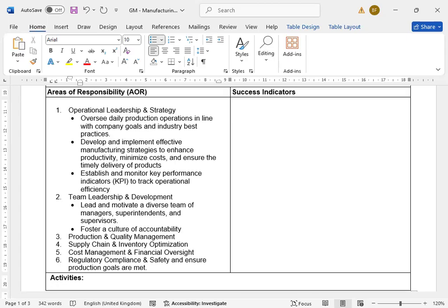The general manager will be accountable for all the assets, all the resources: manpower, material resources, money, financial resources, etc. So he's accountable for the people, the plant, and other resources like machinery and equipment.